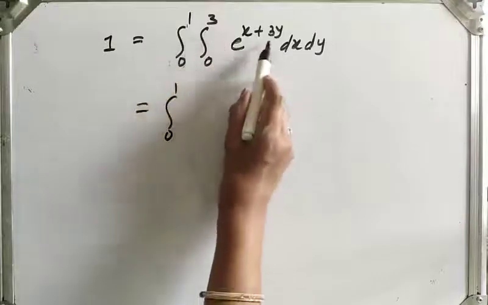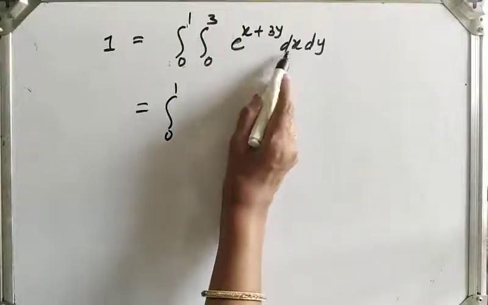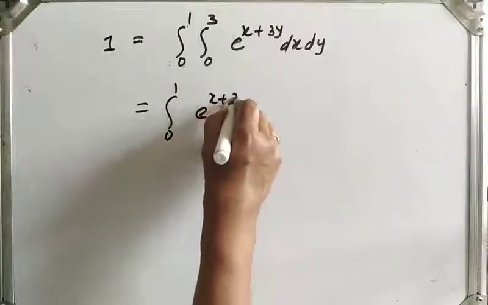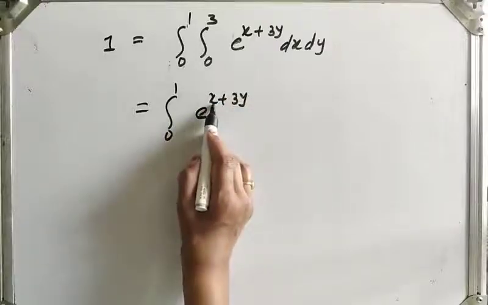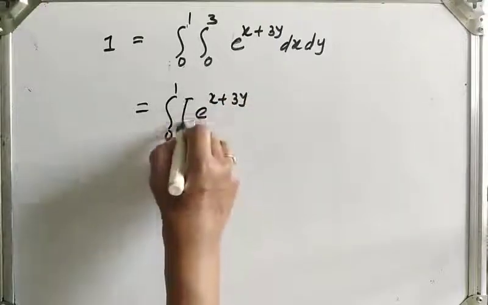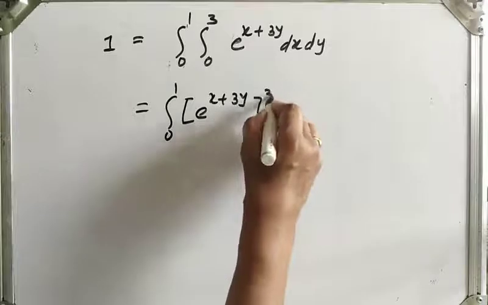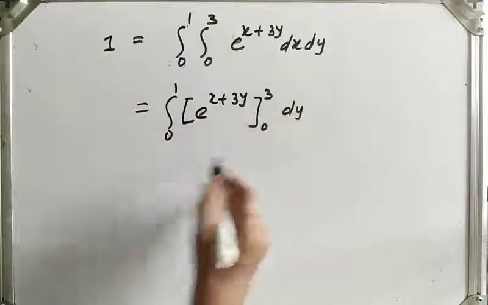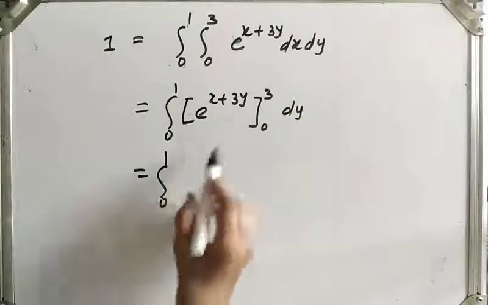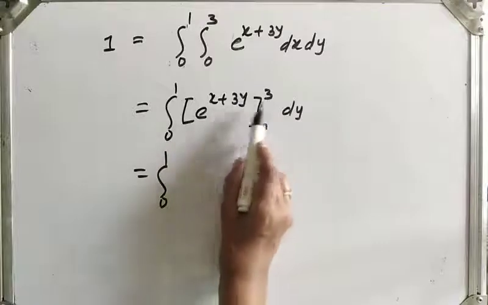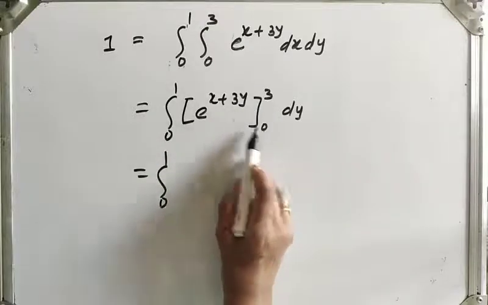Integration of e raised to x plus 3y with respect to x will be e raised to x plus 3y, the coefficient of x is 1, so upon 1 is there, with lower and upper limits 0, 3, dy. So the integral 0 to 1. Apply limits: put 3 as upper limit, 0 as lower limit in place of x.